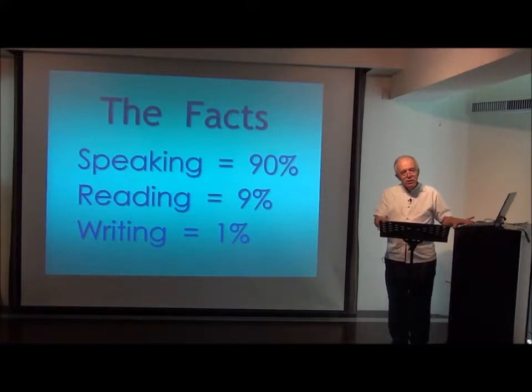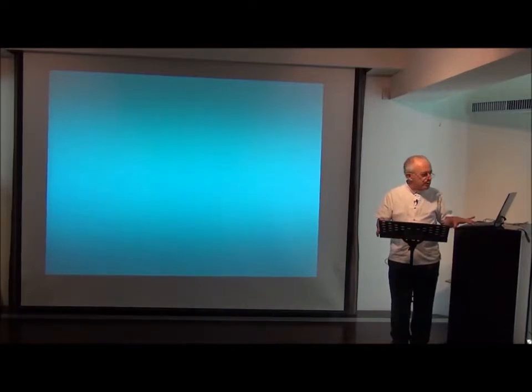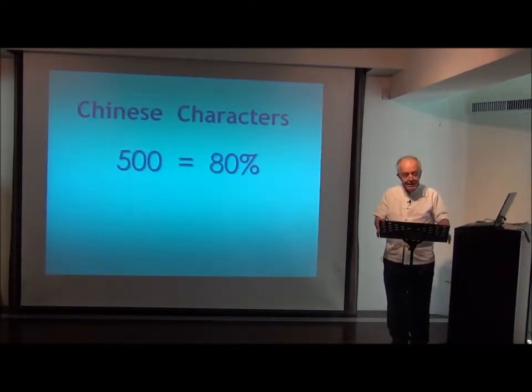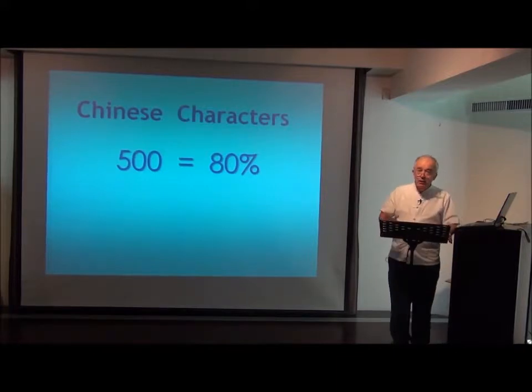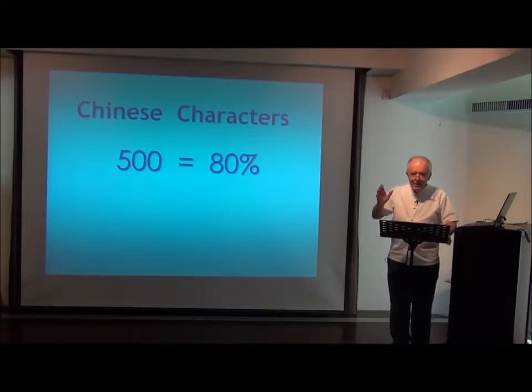Secondly, when a student can recognize the most frequent, and I emphasize the most frequent, 500 Chinese characters, they can read 80% of anything. Now, when I say 80% of anything, if you take the word Mai Dang Lao, they can read maybe those 3 Chinese characters without any problem, but they may not know that Mai Dang Lao equals McDonald's.